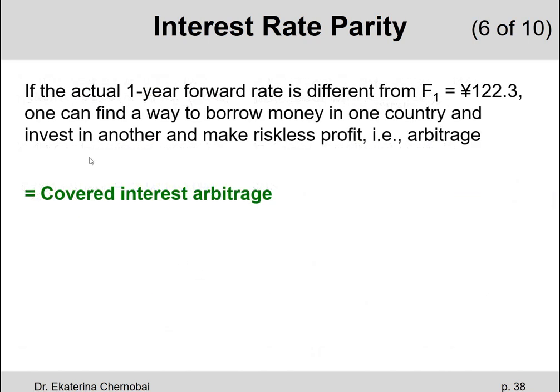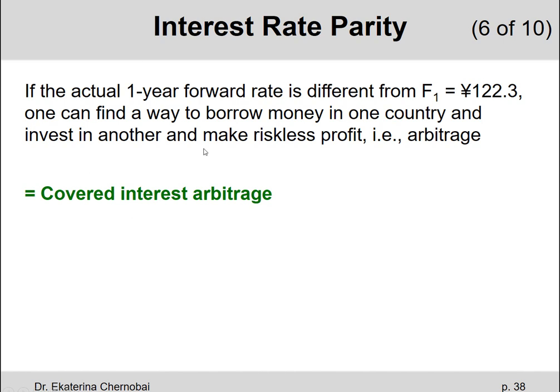If the 1-year forward rate is actually not that number, but something else, then we again have what we keep coming back to when we learn every new formula in this chapter. We will have an opportunity to make a guaranteed profit. In other words, an arbitrage opportunity.